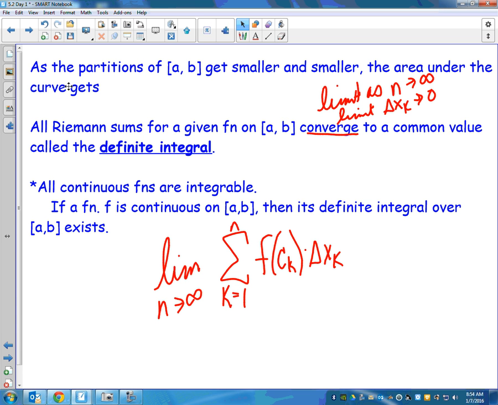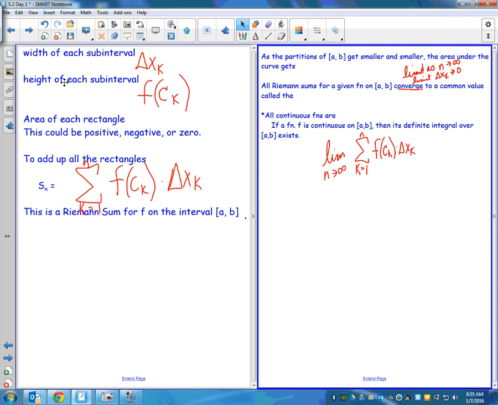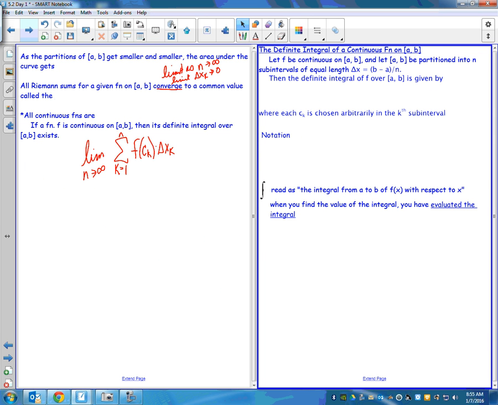That's the whole reason, so that we can have this, where each c sub k is chosen arbitrarily. Okay, we want to change this to the notation that we're going to use for integrals, and maybe I'll just come back to this.